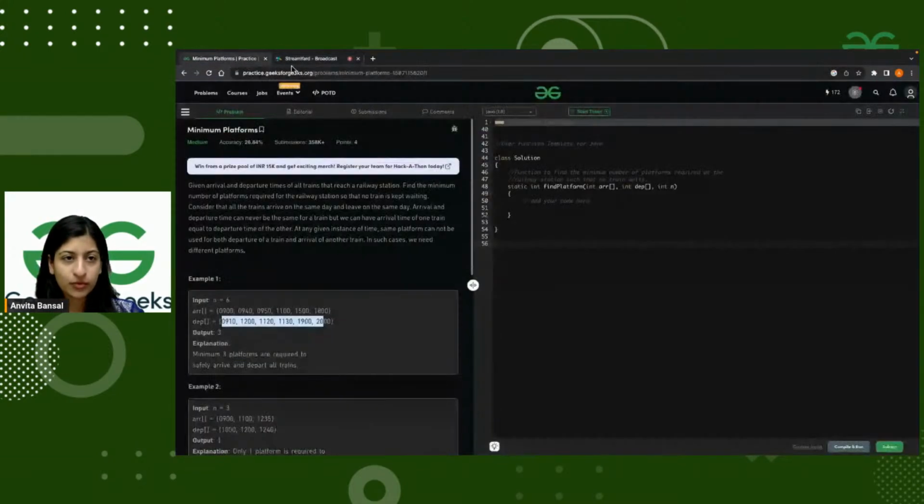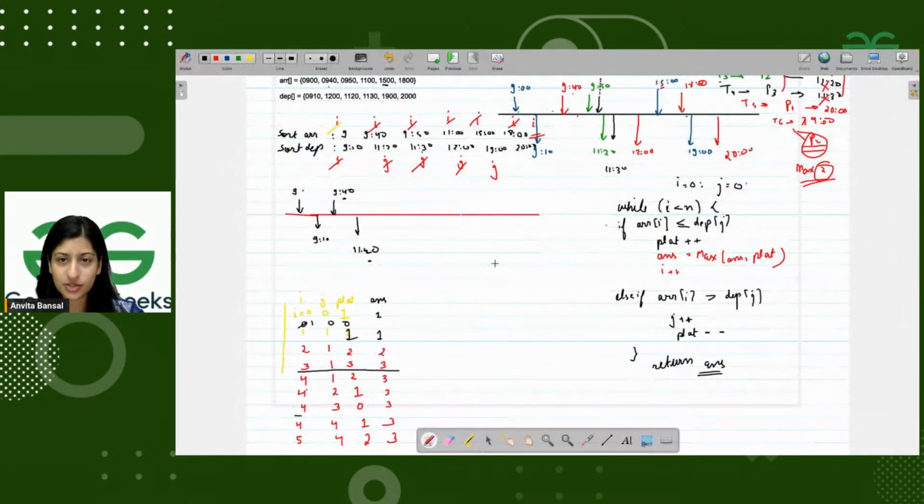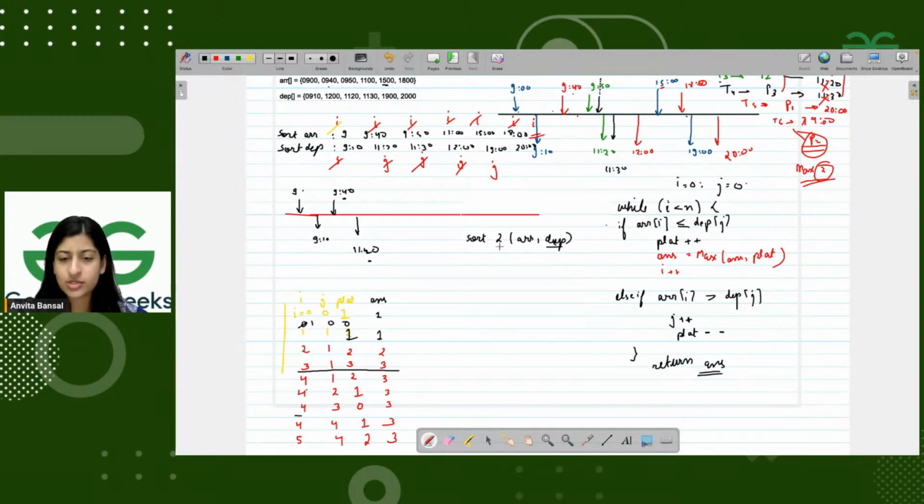So, moving to the question now, I hope you have understood the explanation. This is what you need to do. So, what is the time complexity? We are sorting two arrays, one is arrival and one is departure. Since we are using Java, we'll use the inbuilt function Arrays.sort, and this uses n log n time complexity.